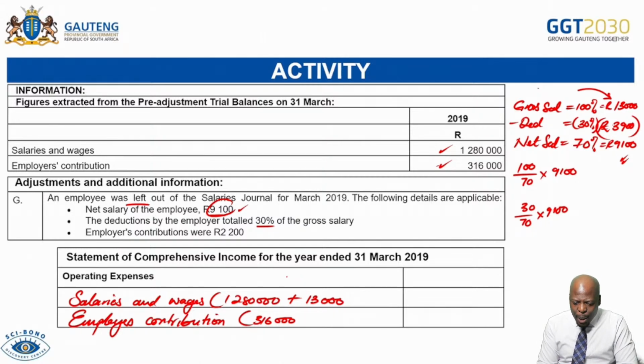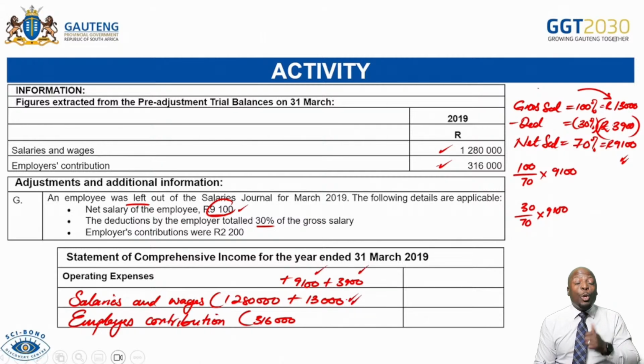If you had come and you had said plus 9,100, which is the net, plus 3,900, which is the deductions, you would see that they still give you the 13,000. So you would still be very correct. But the idea is, in the income statement, we record our gross. Are we good?